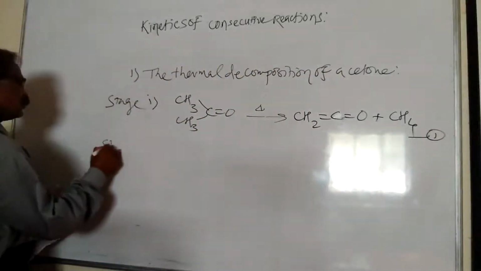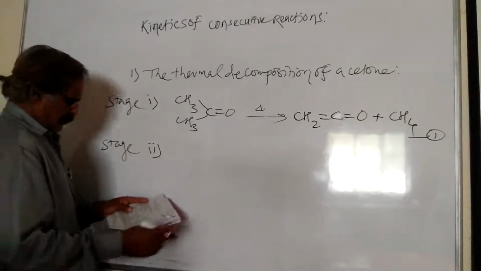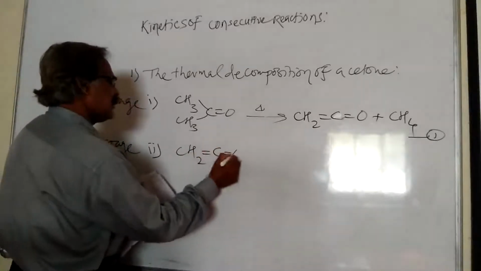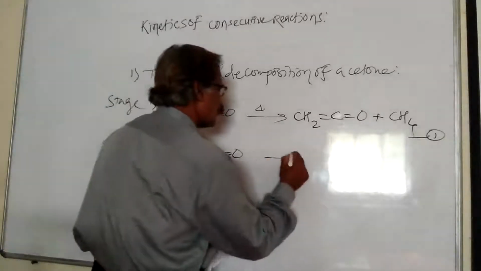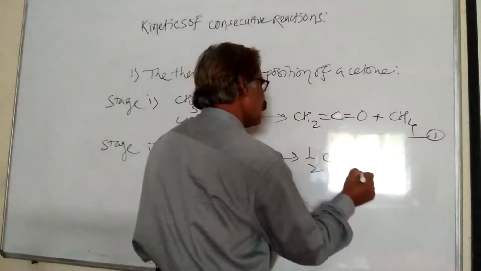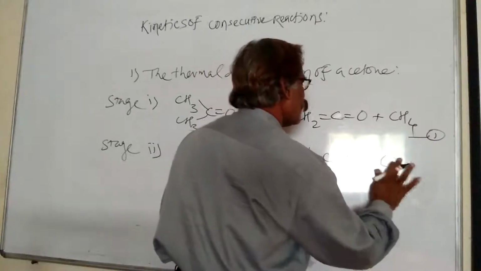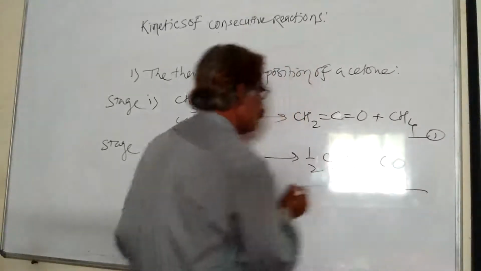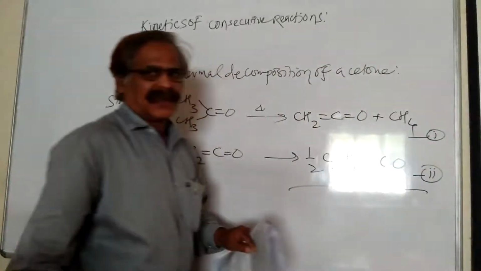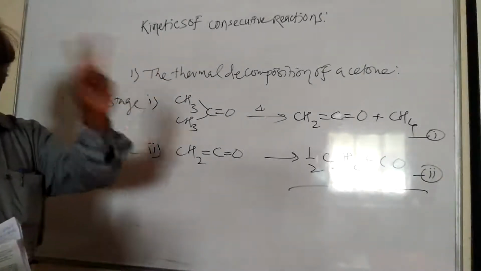And in stage 2, this CH2=C=O is converted into 1/2 C2H4 plus CO, carbon monoxide. So this is the second stage. In this way, the thermal decomposition of acetone occurs in two stages.